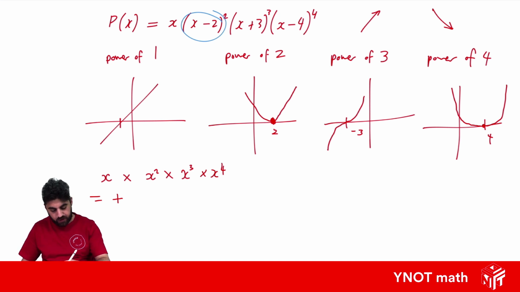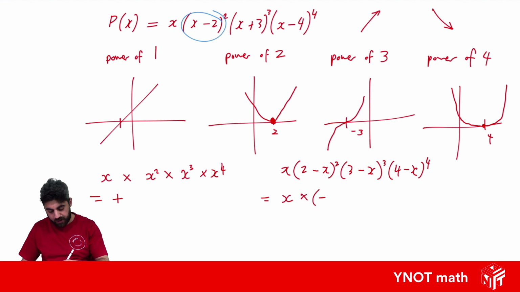Let's look at another situation. Let's say we had x outside of (2 minus x) squared, (3 minus x) cubed, and (4 minus x) to the 4. Here we've got a positive x function first, multiplied by a negative x that's squared, multiplied by a negative x that's cubed, multiplied by a negative x to the power of 4.